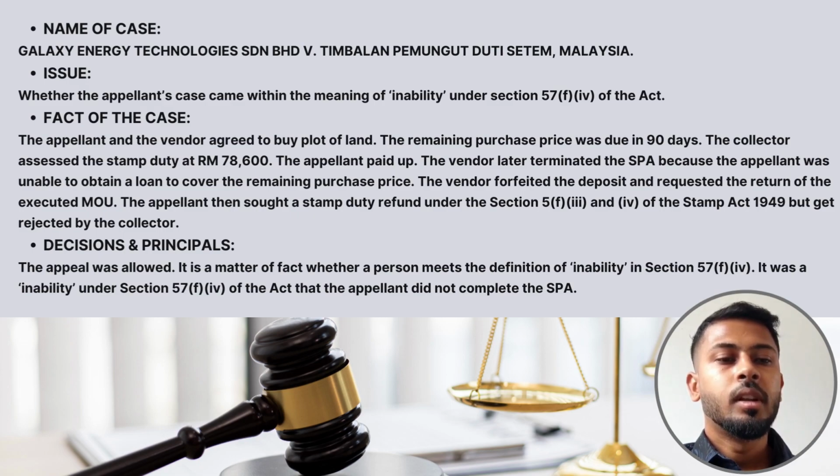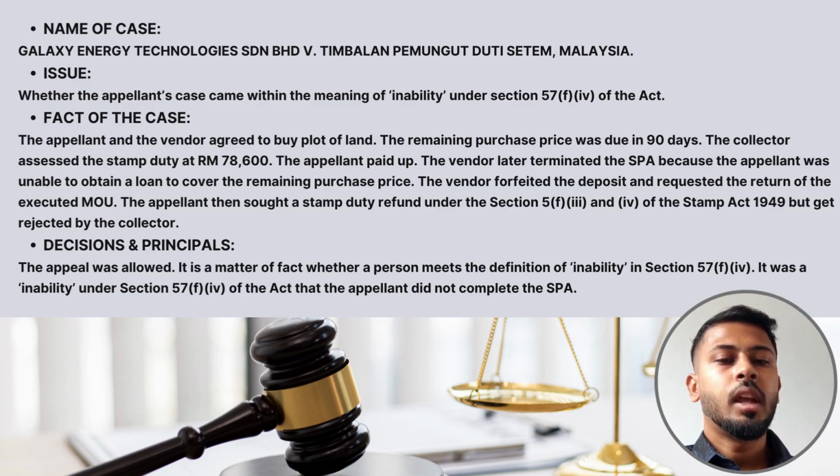The vendor forfeited the deposit and requested the return of the executed SPA. The appellant then sought a stamp duty refund under Section 57, subsection (f), Roman 3 and Roman 4 of the Stamp Act 1949, but it was rejected by the collector.